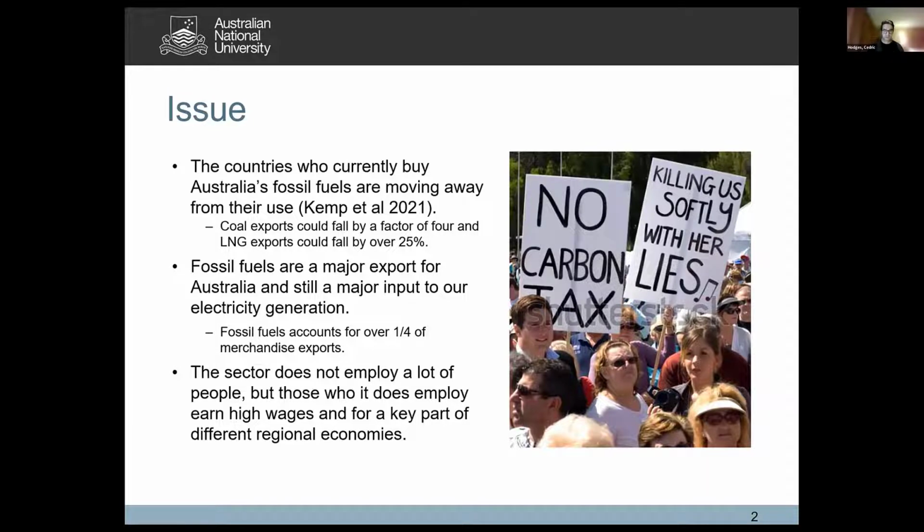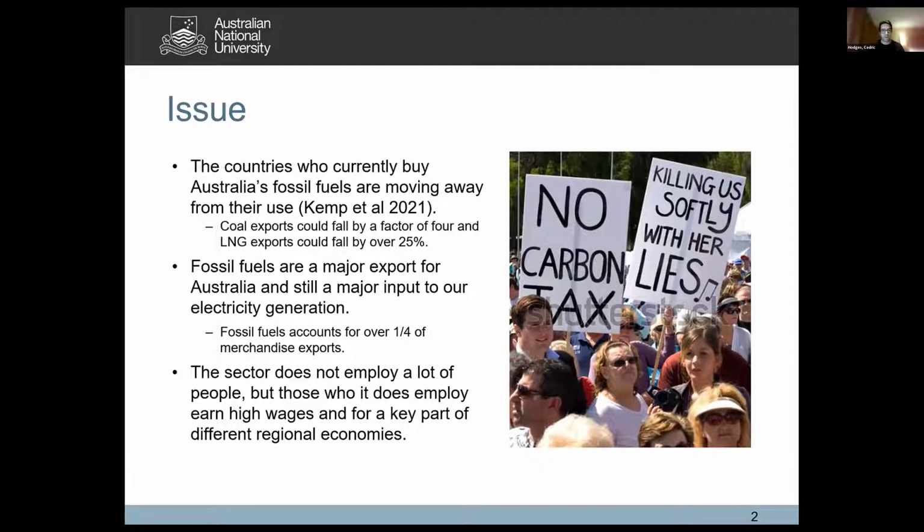Now, that was obviously for a good reason, and it's a good cause. So it's not like I'm against that change happening, but climate change policy in Australia has been pretty controversial, and a key reason for that is that we make a lot of money as a country out of fossil fuels. They account for over a quarter of our merchandise exports, and we're a small open economy.